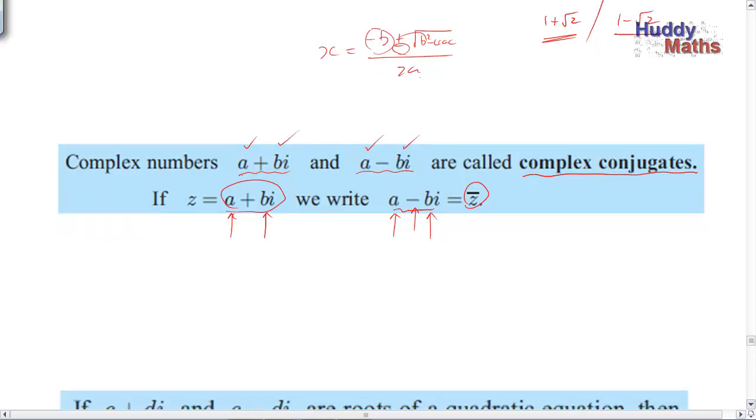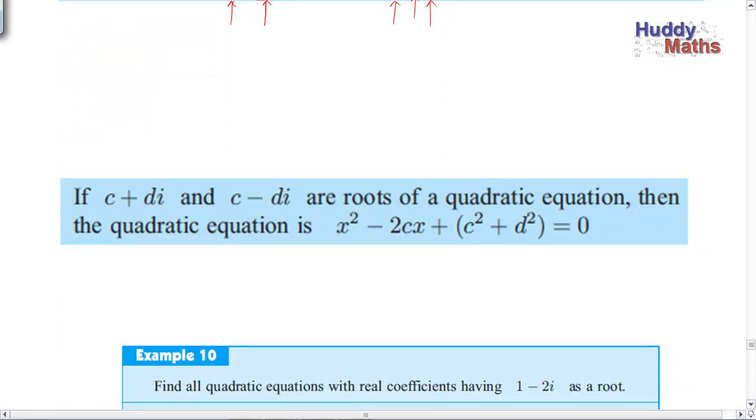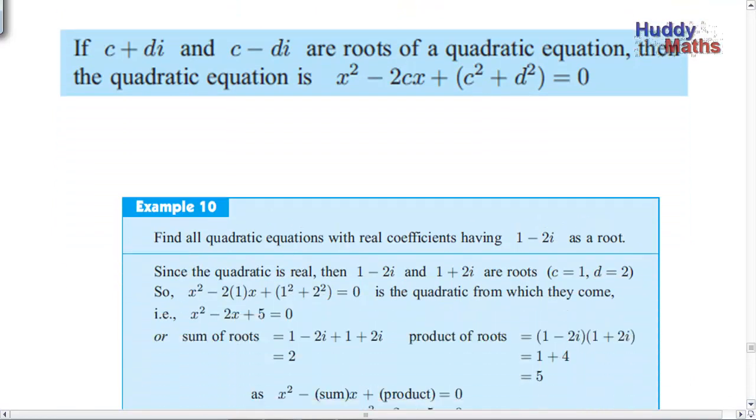All right, come down here now and let's do some construction of equations. So if you've got a pair of complex conjugates, then you know the sum of the roots is going to be negative b over a, and the sum is therefore negative 2 is 2c, and we'll just put it in there.